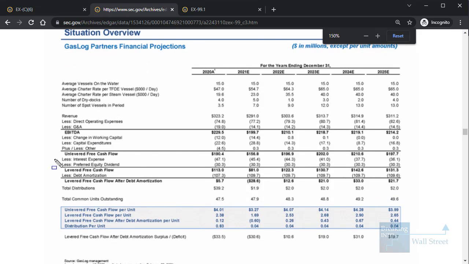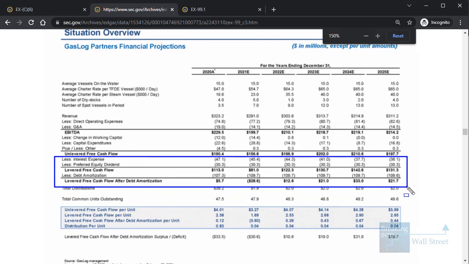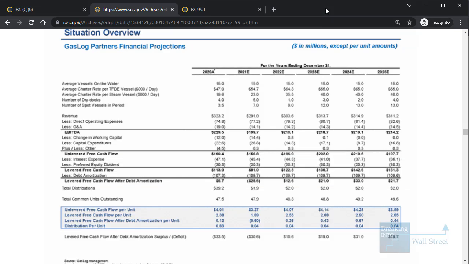And once again, they project down to levered free cash flow and then what they call levered free cash flow after debt amortization. So you can see how even within these presentations, the banks don't always agree on how to calculate levered free cash flow. I'll link to all these presentations in the description or on the separate URL, so don't worry about it. I'll link to these and point you to the exact page numbers so you can see where these come up.